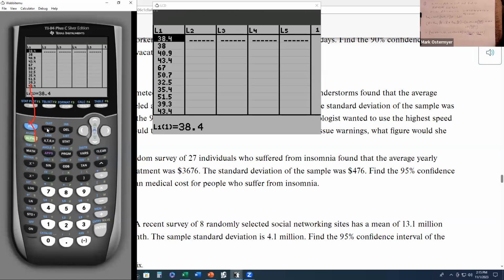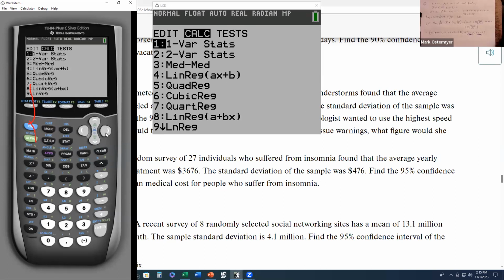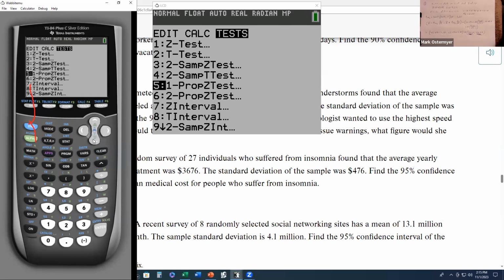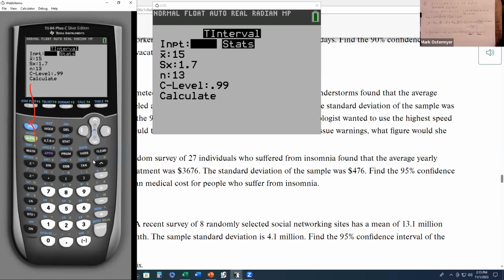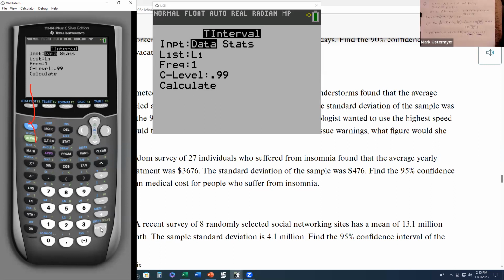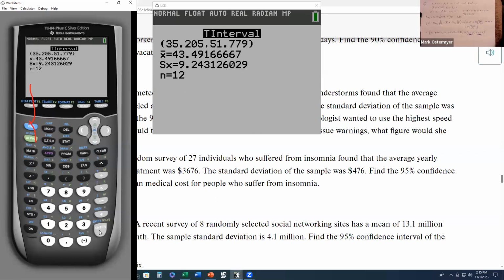If you got raw data in a list and you're trying to build a T interval, then it's a simple matter of selecting not stats, but selecting data. And make sure your data is in the proper list. List 1. Leave frequency as 1. Confidence level is 99%. Calculate. And it's that simple, if you have your data in a list. And there you go.